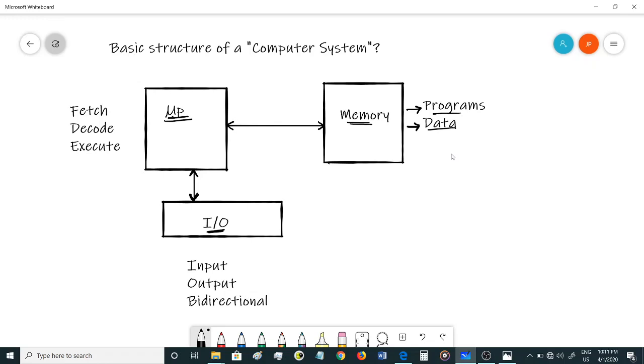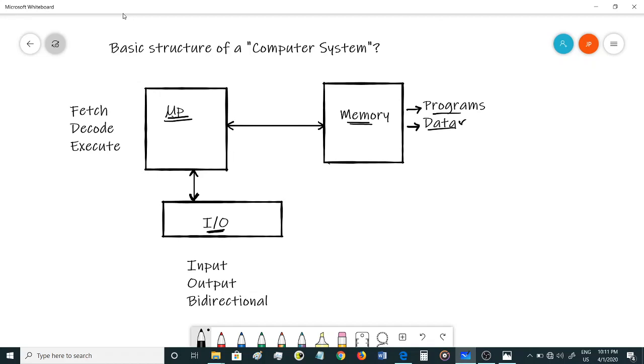Let's say your MS Word. Microsoft Word is a program, and the Word files that you have created or that you have inside your memory are your data. Then your Chrome, your music player, your movie player, your calculator, your Internet Explorer, your image viewer, this Microsoft Whiteboard, all these things are your programs.